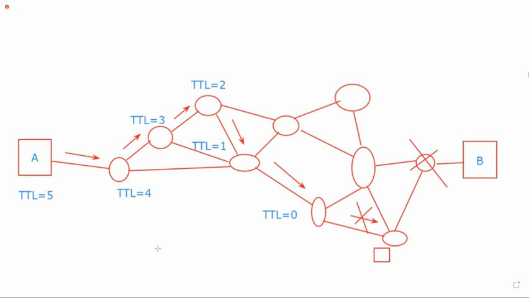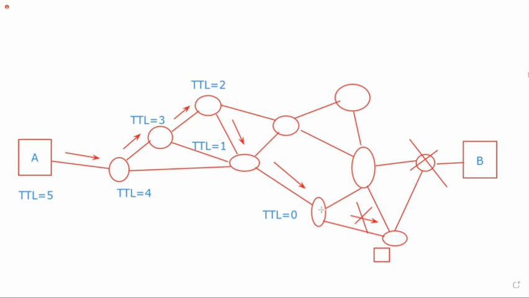Those lost packets will keep on looping in the network, reducing bandwidth and also the processing power of the devices, because the routers or whatever devices have to process a packet which currently doesn't have a destination, right?